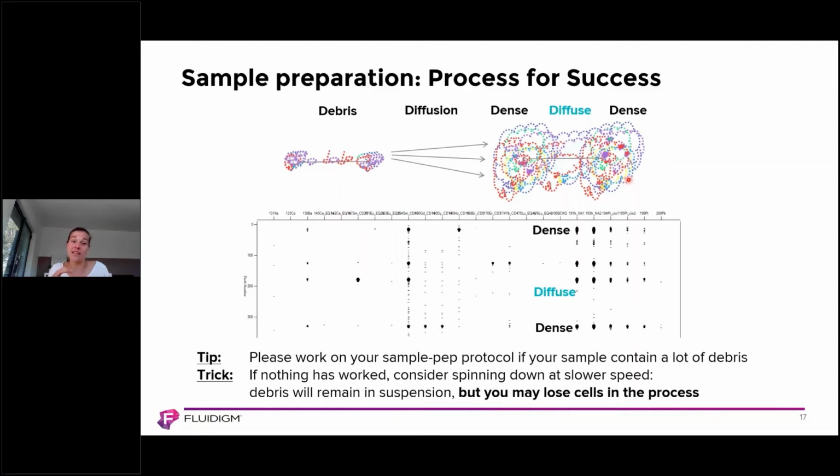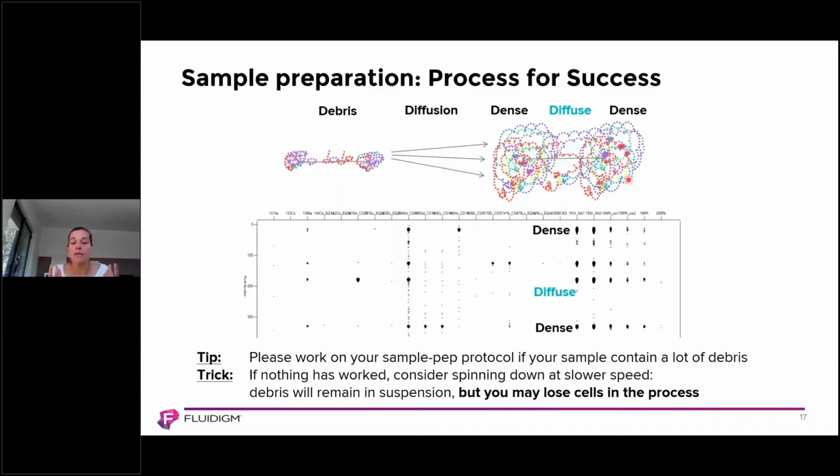So you will have some signal that doesn't come from your cells, but comes from your debris, and you will have some weird signal in T cells. Maybe you can have a B cell marker, something like this. So it's super important to avoid as much debris as you can. So the sample preparation is key here to decrease the debris.